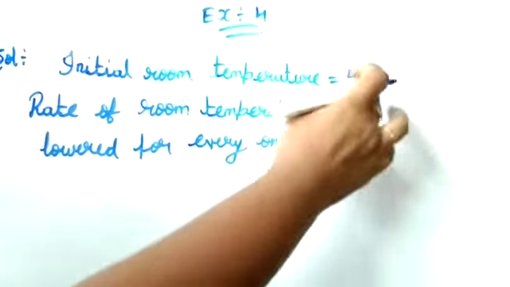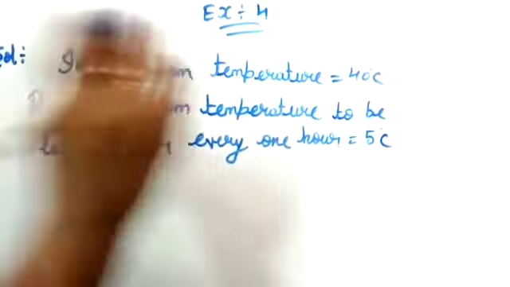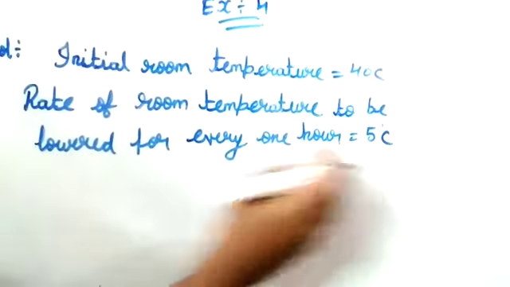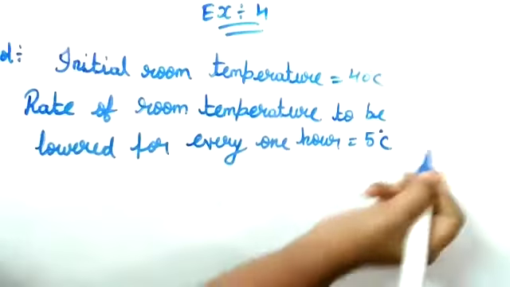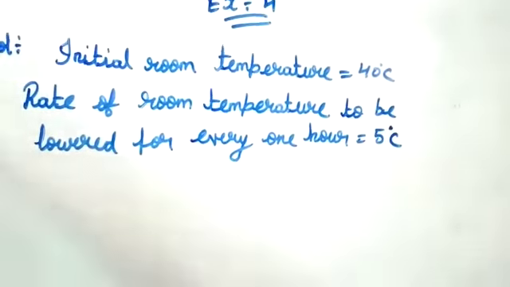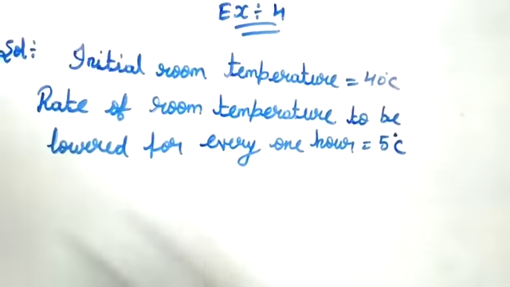Actual room temperature is 40 degrees, and for every hour it is lowered, meaning decreasing by 5 degrees Celsius. Now you need to check after 10 hours what will be the actual temperature.